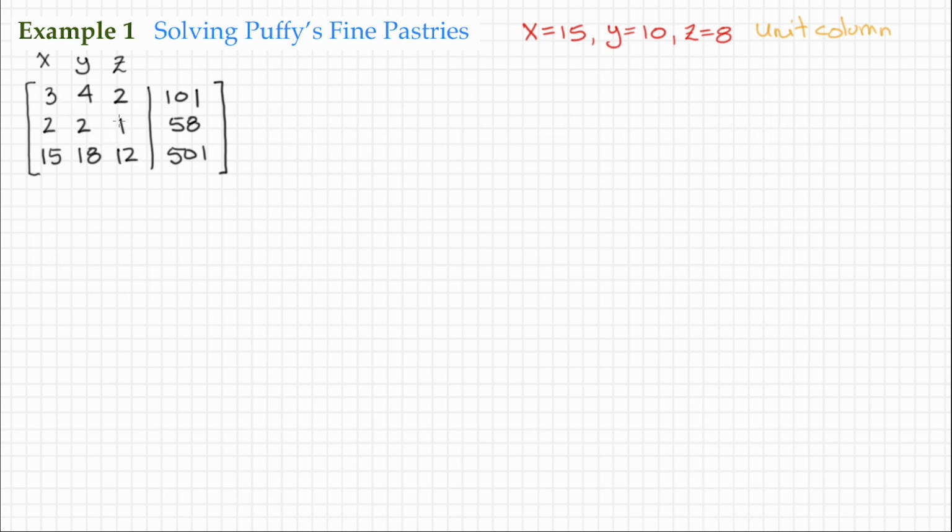And as you can see right here, we have a 1 in our z column. So since I'm going to make a diagonal, I want to switch these 2 rows, and that would be one of our row operations. So we're just going to swap these 2.